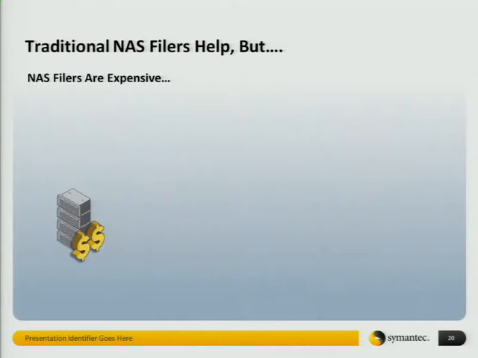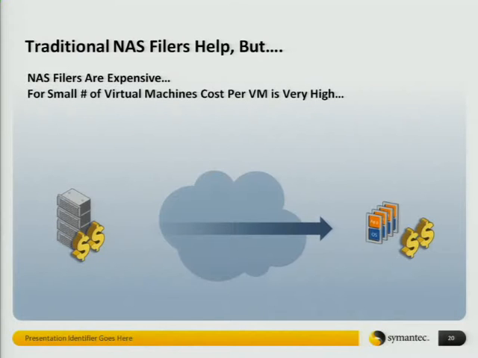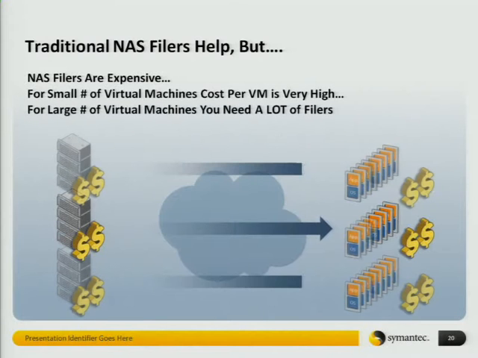So traditional NAS filers help. If you look at some of the traditional NAS filers that are out there, they integrate pretty well in terms of providing virtual desktop infrastructure. The problem is, as I mentioned earlier, for a small number of virtual desktops, that whole question of my resources, what's it going to cost me to do this, becomes a big problem. Because if you look at a $70,000 filer providing 50 virtual desktops, it just doesn't make sense.